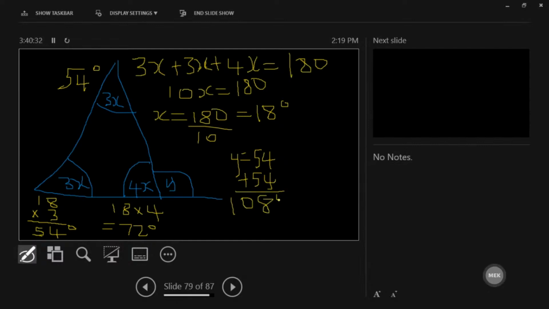So y is 108. Or we could take the 72 from 180. That's another way of working it, and that will give us 108, same way, right? Two ways to find y. We can take this from 180 to get this, or we can add these two to get that. Either way, we end up with our answer.